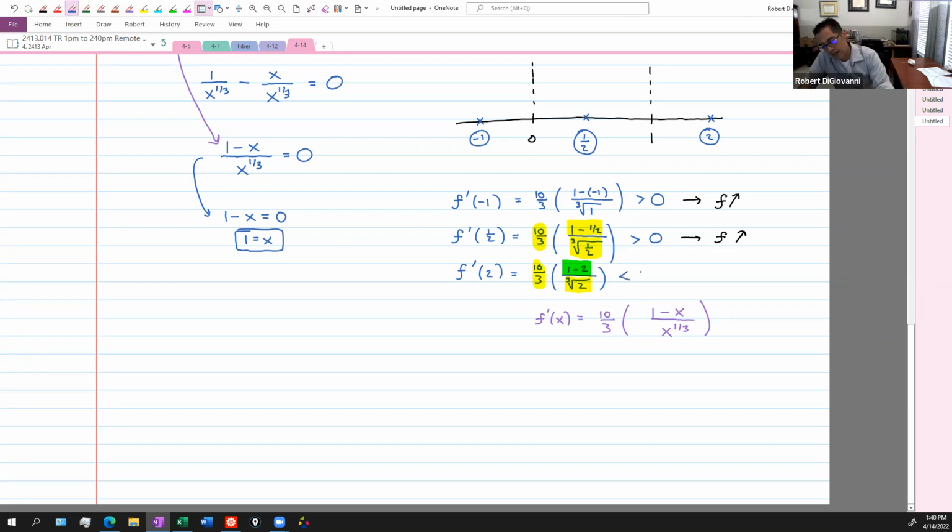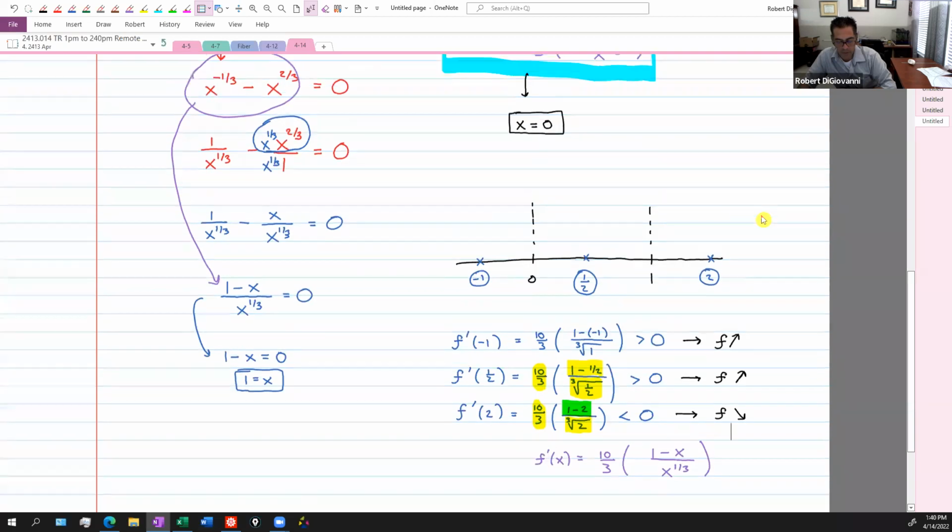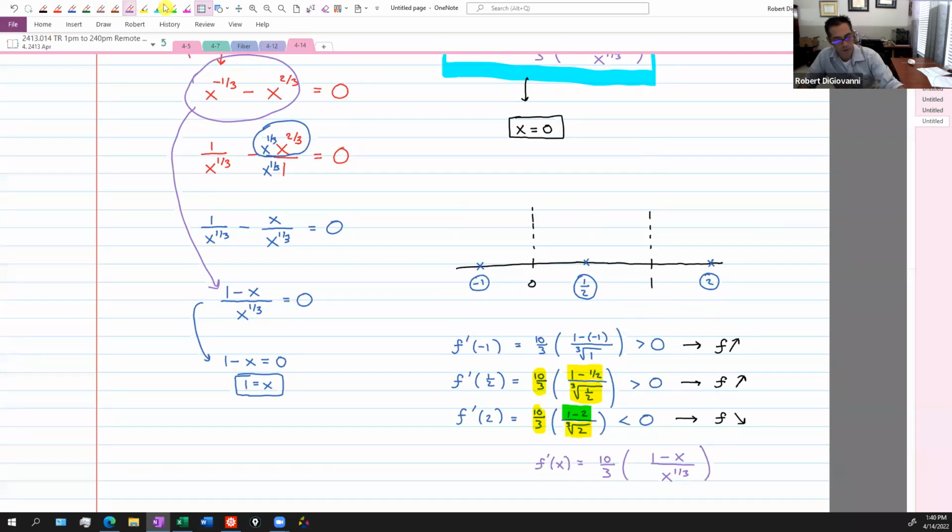So this will be negative, less than 0, which means that my original function now goes down. So back here, I go to the left of 0, I'm going up. Between 0 and 1, I'm still going up. And then to the right of 1, I'm going down.